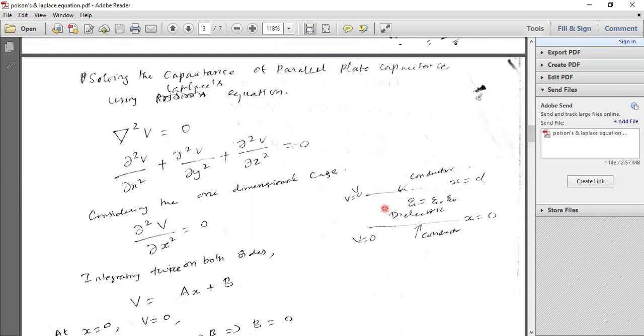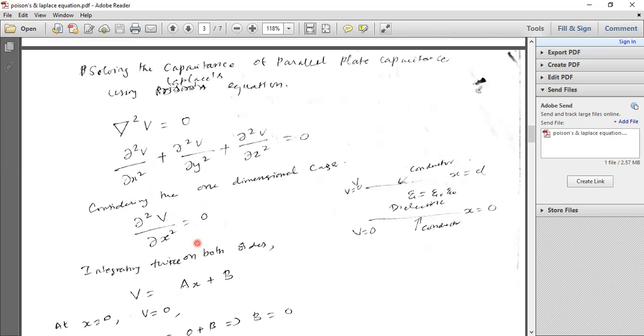The plates are placed in the YZ plane, so the variation is only along the x-axis. So the Laplace equation becomes one-dimensional for this problem: dou square V by dou x square equal to 0.